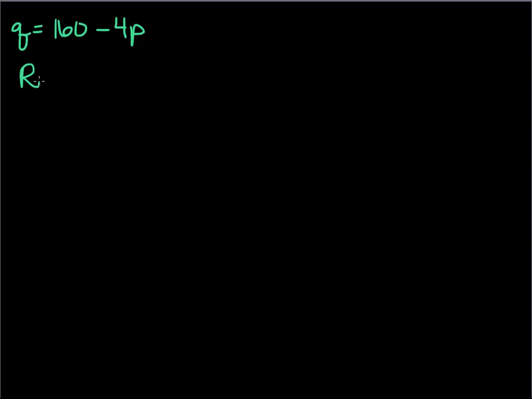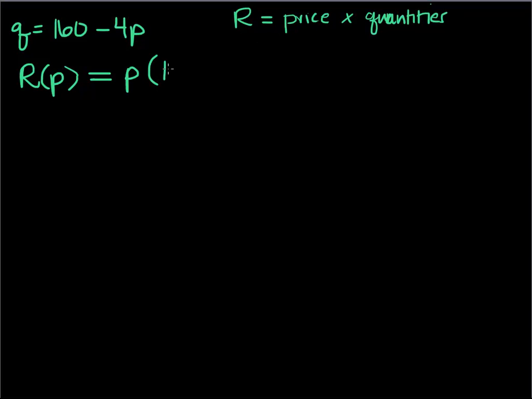So what is our revenue? Remember, revenue equals price times units, how many I'm selling. So my revenue, which I can consider a function of P, would be P times the quantity, which is 160 minus 4P. So I would get 160P minus 4P squared.